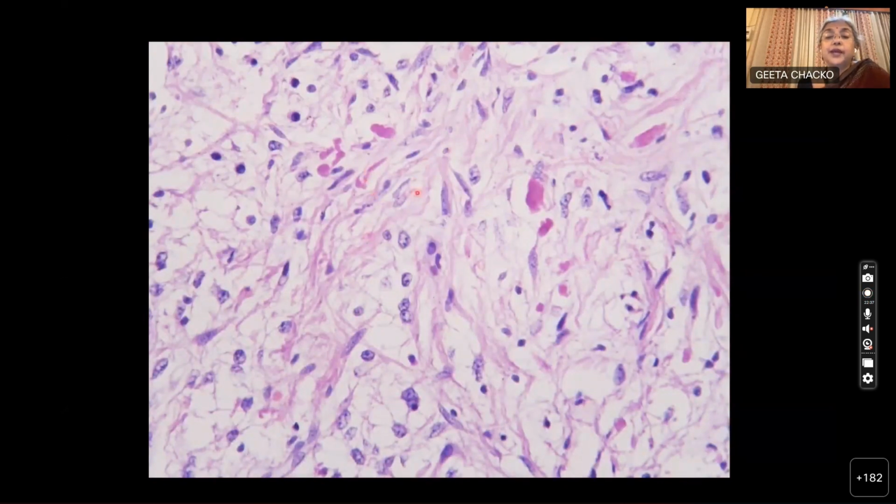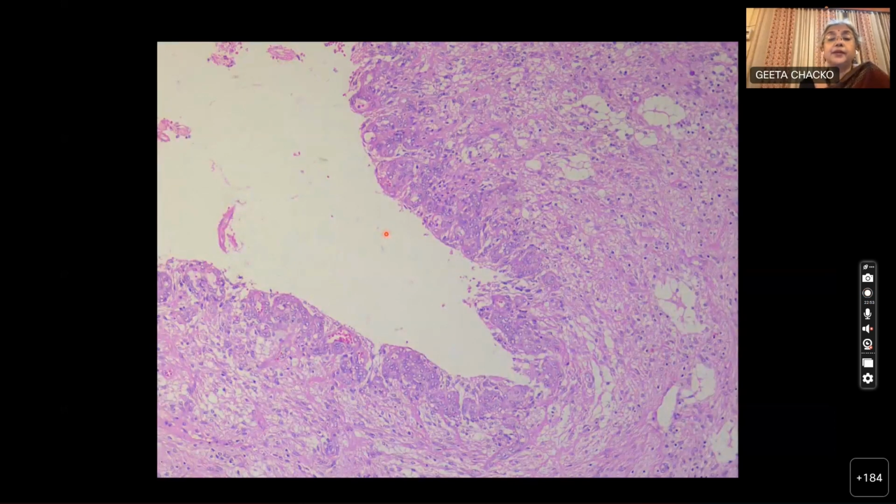And what about these more elongated structures? Ma'am, these more elongated structures are eosinophilic Rosenthal fibers. Yes, Rosenthal fibers, which is just another morphological appearance of the same. And here we have some cystic change. And what is this area which is bordering this cyst? Ma'am, this is microvascular proliferation.